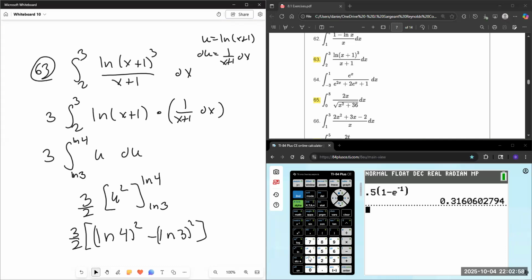So 1.5 ln 4 squared minus 1.5 times ln of 3 squared is about 1.072.